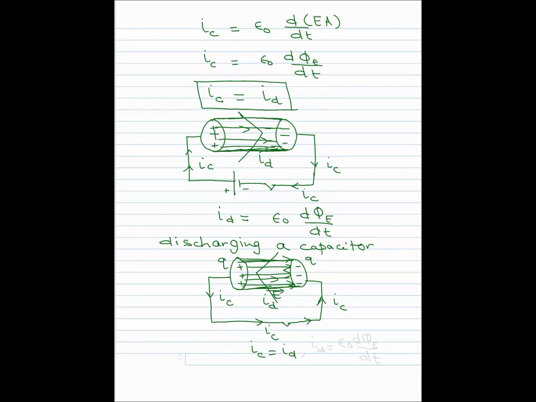But notice that in this case, the displacement current is opposite to the direction of the electric field between the two plates when we are discharging a capacitor. And again, the displacement current will be flowing when the electric flux is changing with time. So again, the total displacement current between the whole plate will be epsilon 0 d phi sub E over dt.